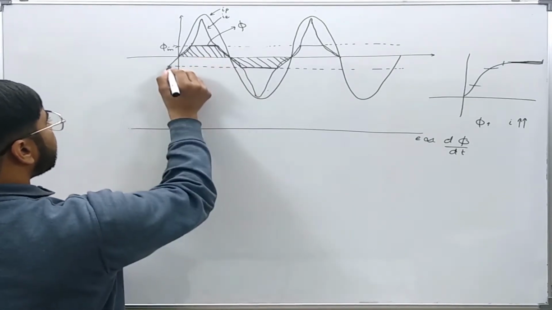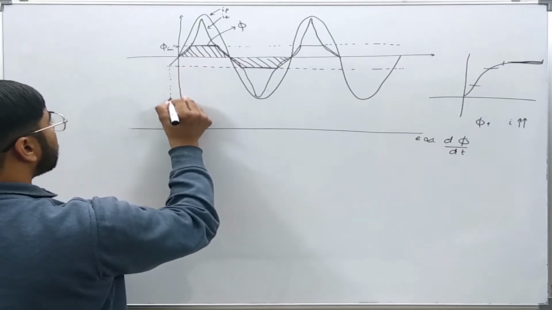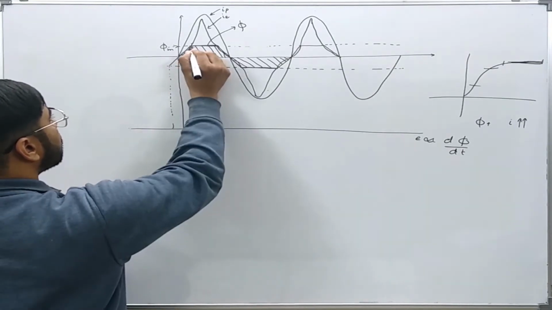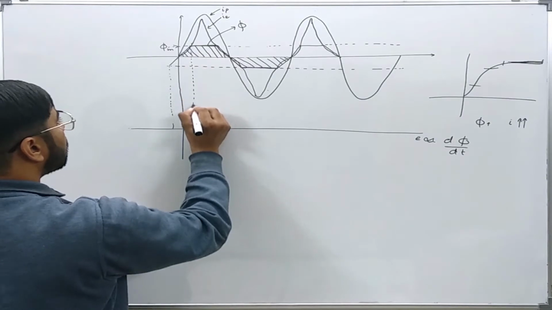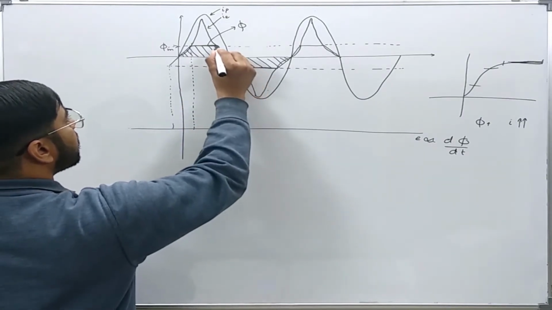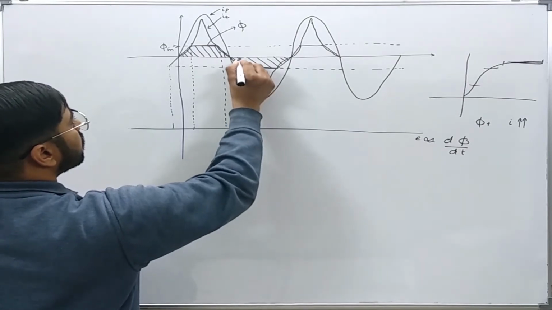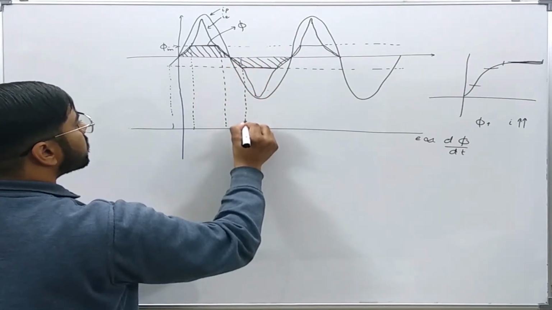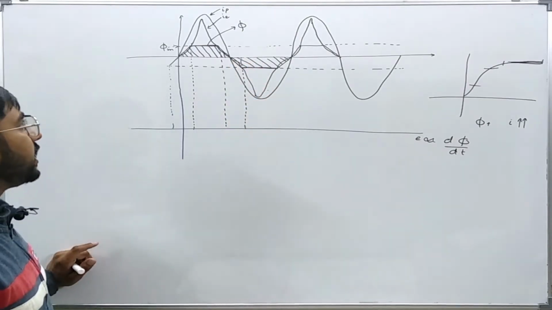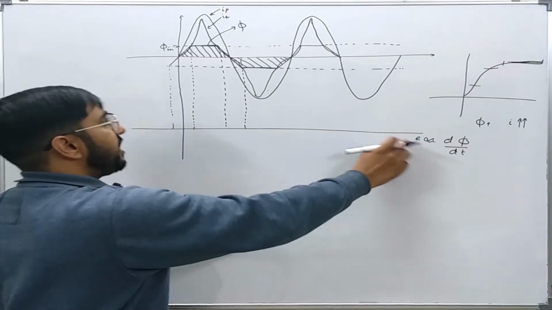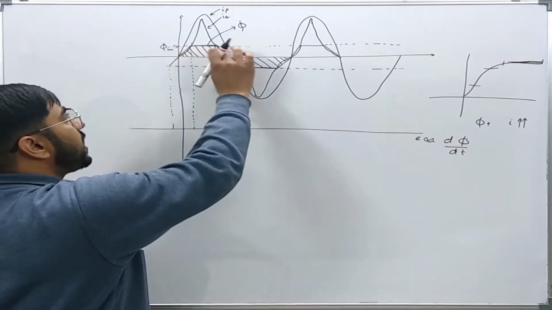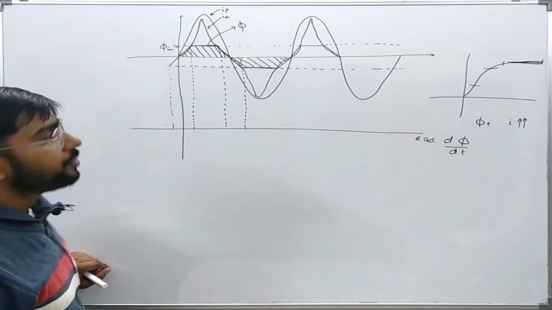So from this part to this part, similarly from this part to this part, there will be some induced EMF. In this part and this part there will be zero induced EMF.